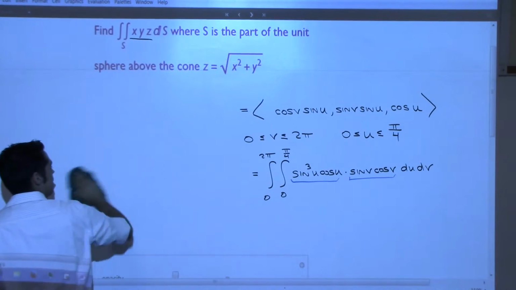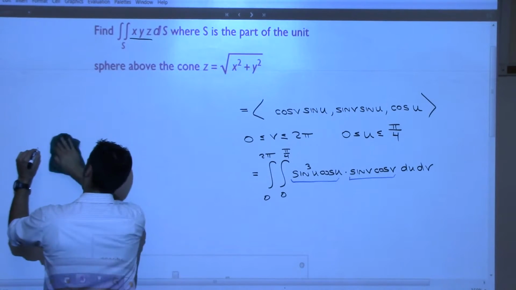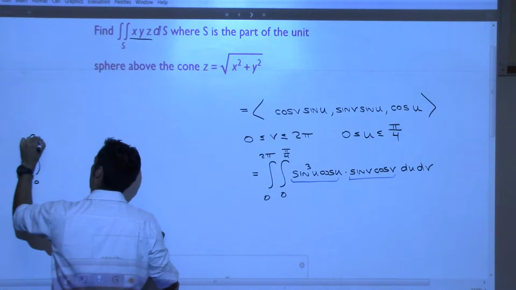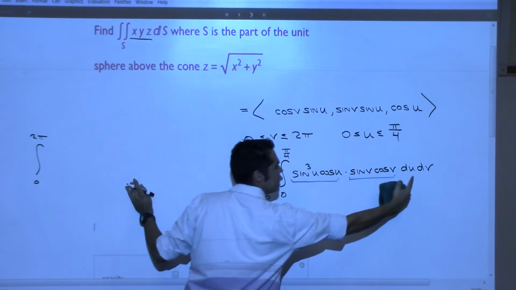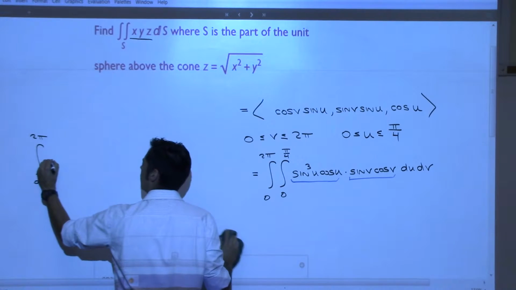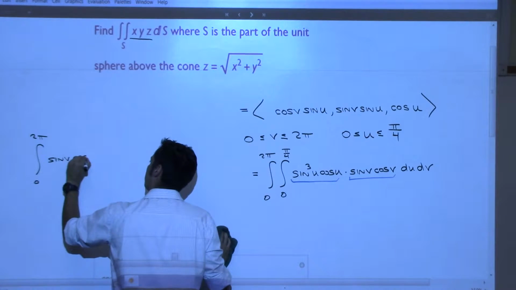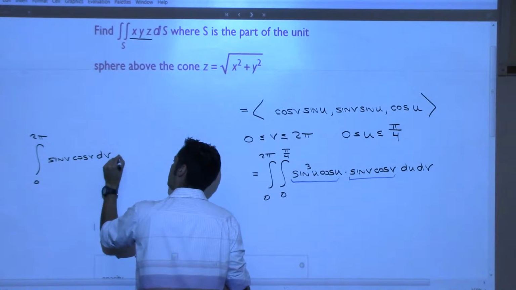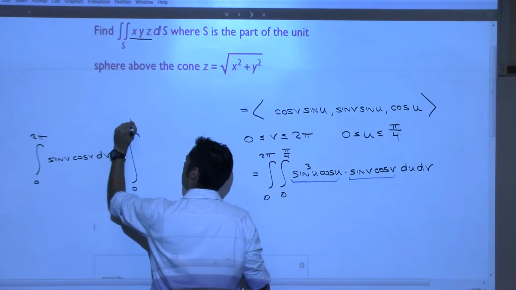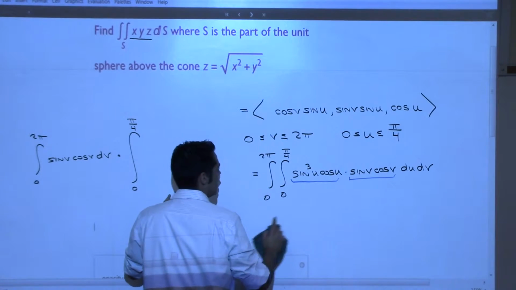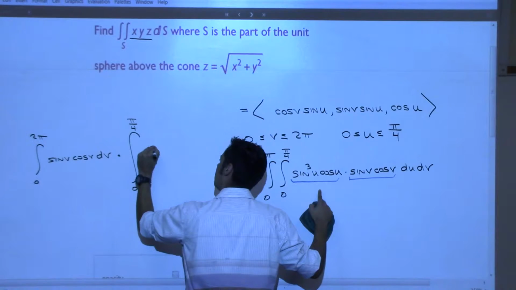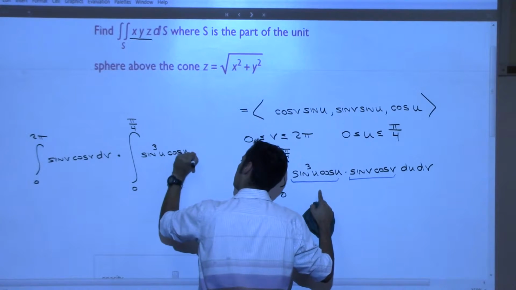I know this is just 0 to 2 pi. That's my v's, right? So let me get all my v's in one integral. Sine v cosine v dv times, not plus, right? Integral 0 to pi over 4, and then all my u's. Sine cubed u cosine u du.